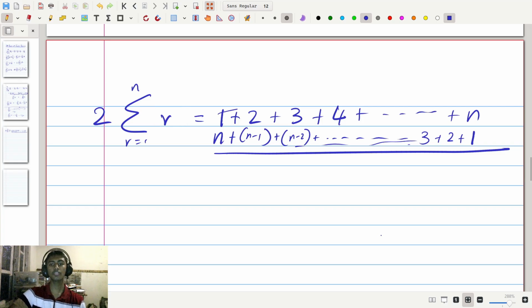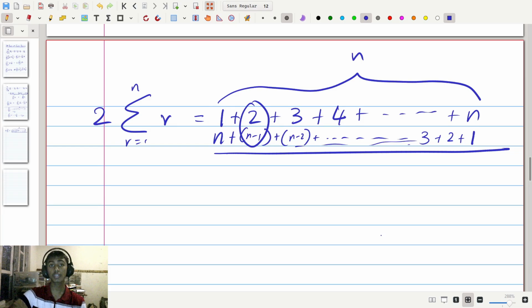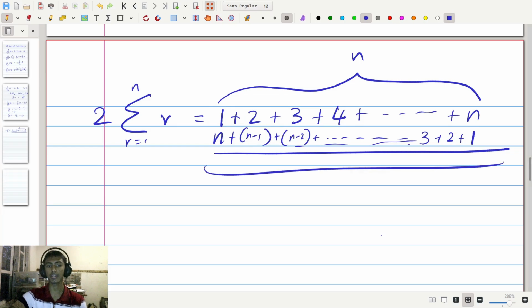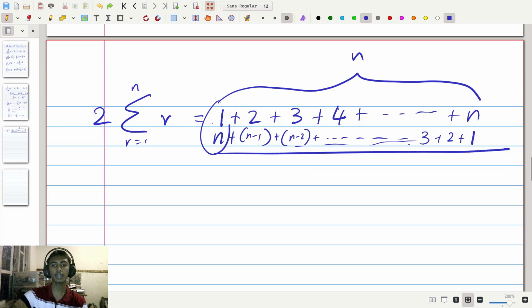Now, consider the number of terms here. Same as what we had previously for the sum of 1 from r equals 1 up to n, the total number of terms here is just going to be n. So we have n number of terms here. Now, consider adding each of these term-wise and writing them down here. For the first one, our term is just 1 plus n, so it's going to be n plus 1.